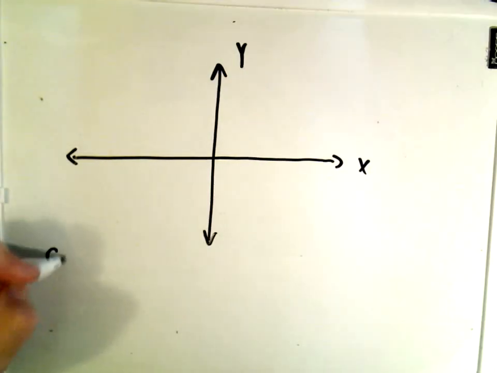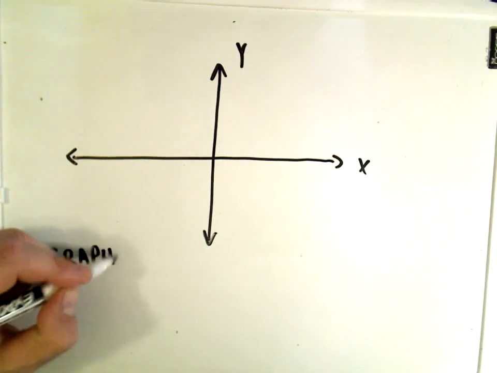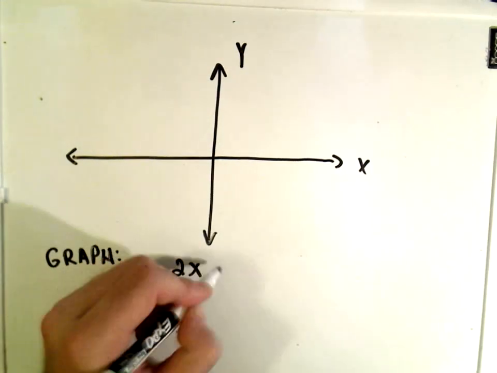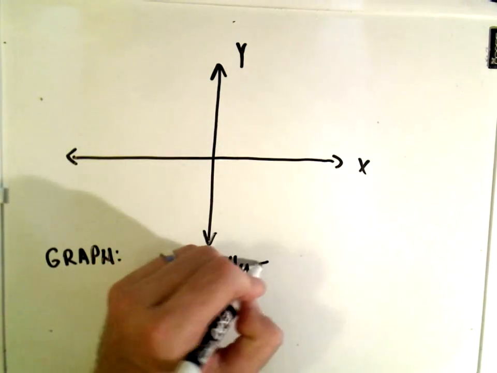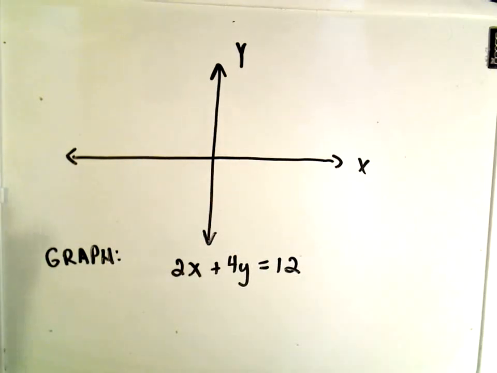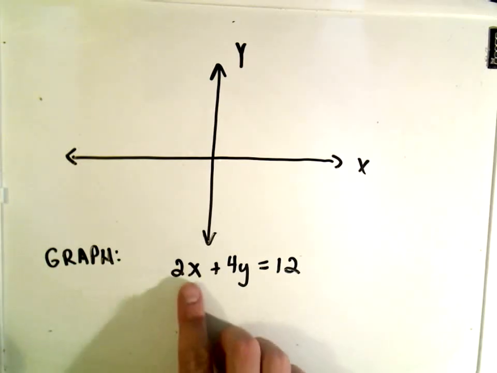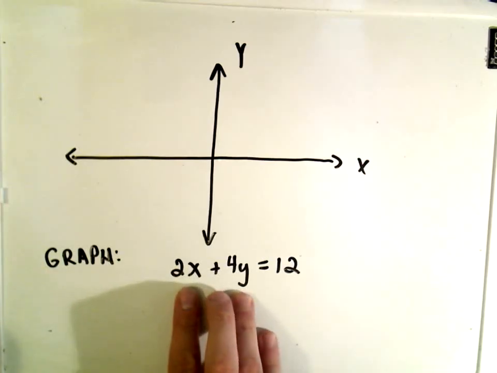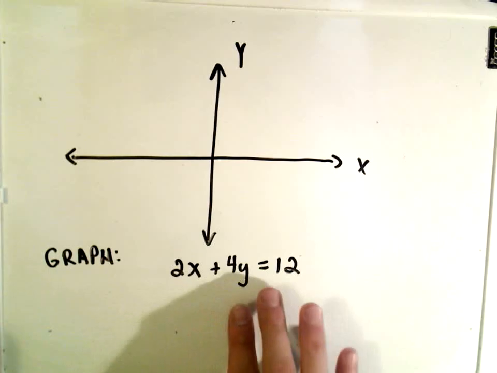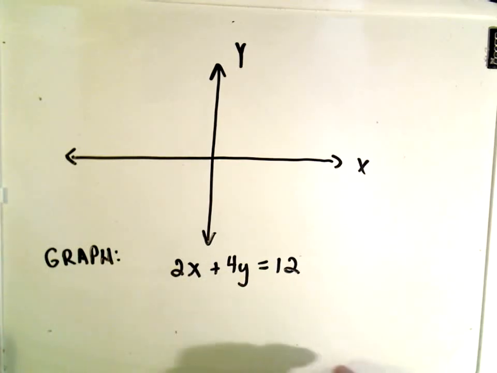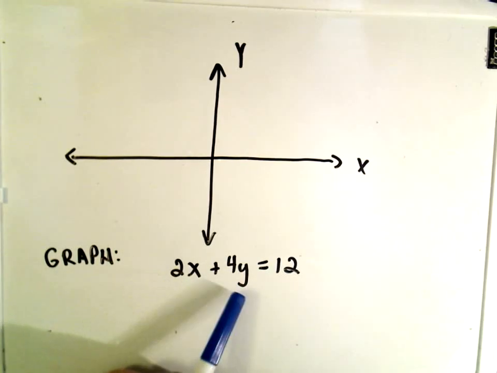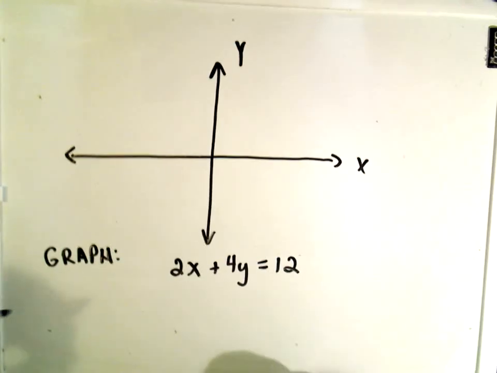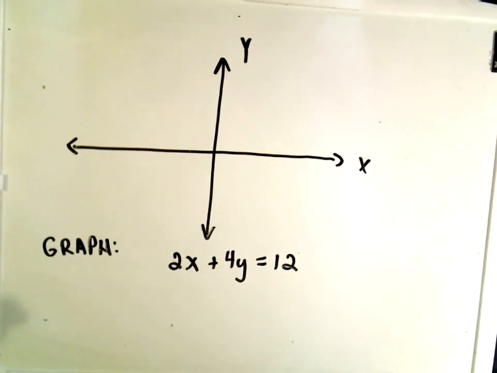Suppose the instructions say graph 2x plus 4y equals 12 by finding x-intercepts and y-intercepts. When I look at this, I see an x to the first power and a y to the first power, neither in the denominator of any fraction, which indicates a linear function.